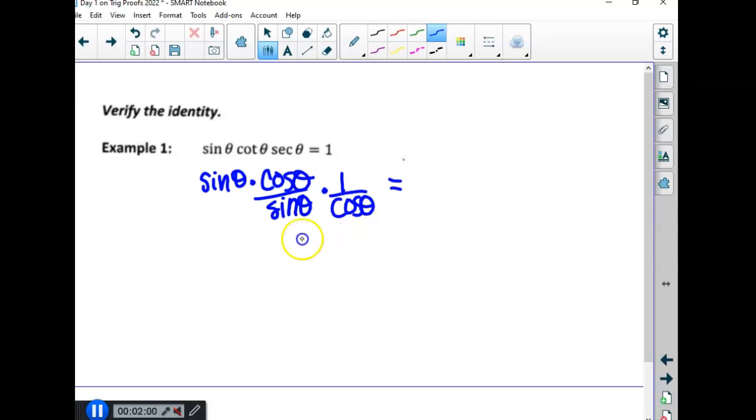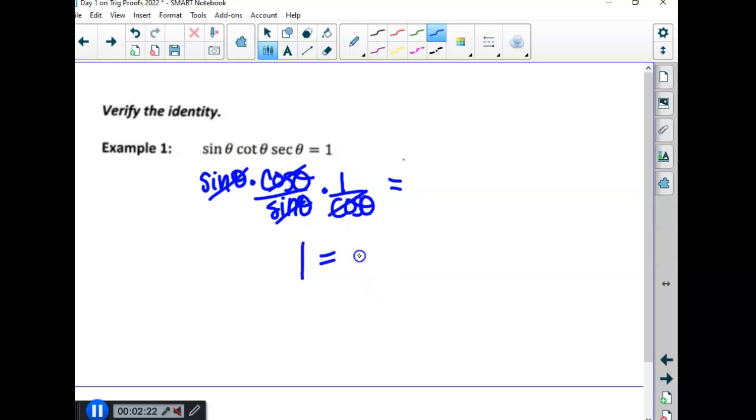And then it's fine to write equals 1, but sometimes that right-hand side is a lot of work to copy down over and over, so I just leave it. But then show that this would simplify here by canceling or dividing out to become 1. This would divide out to become 1, so we're left with 1.